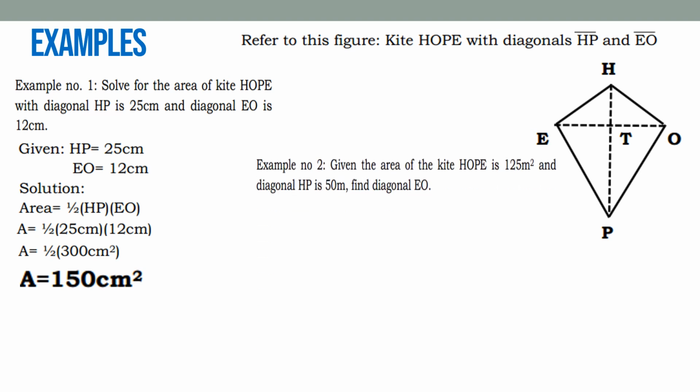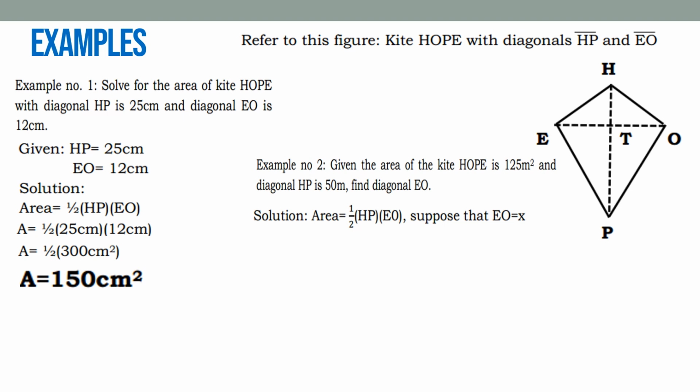Example number 2. Given the area of the kite HOPE is 125 square meters and the diagonal HP is 50 meters, find the length of diagonal EO. Solution. We will use the property of one half the product of the two diagonals. So area is equal to 1/2 times HP times EO.